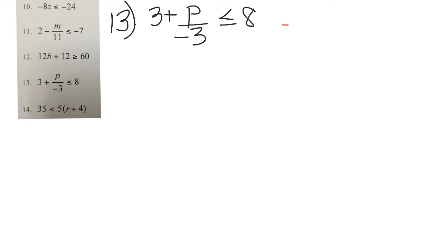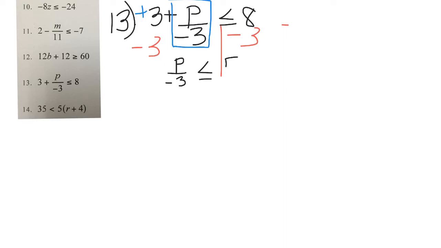If you read the problem in your mind too, it kind of helps you understand what operations you're doing. 3 plus p divided by negative 3. Now you realize, oh, I'm going to multiply. Just little things like that. Again, this is one of those backwards ones, the p over negative 3 here, and this 3 is positive, so we're going to subtract it, and we get p over negative 3 less than or equal to 5.